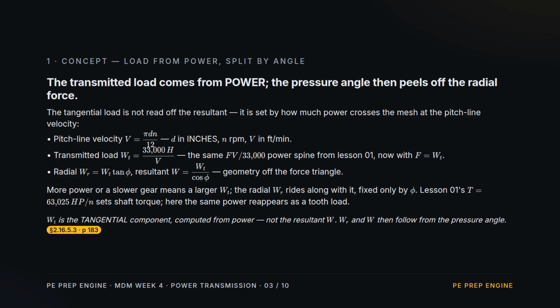The transmitted load is 33,000 times horsepower over that velocity, the very same linear power relation from Lesson 1, with the tangential tooth load playing the role of force. Once you have the tangential load, the radial force is just it times the tangent of the pressure angle, and the resultant is it over the cosine. Same power that set shaft torque in Lesson 1 now shows up as a tooth load.